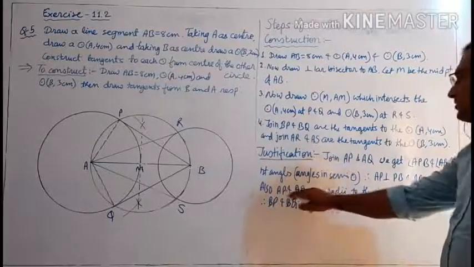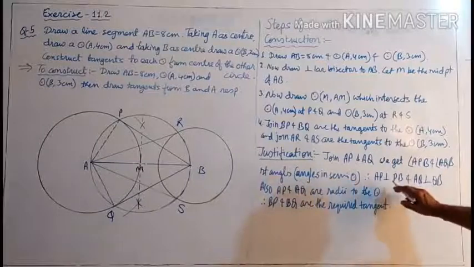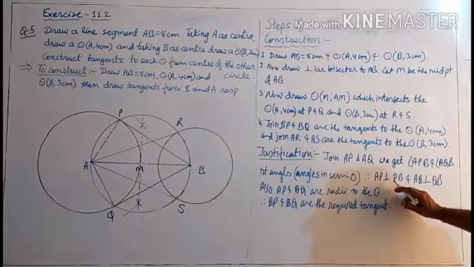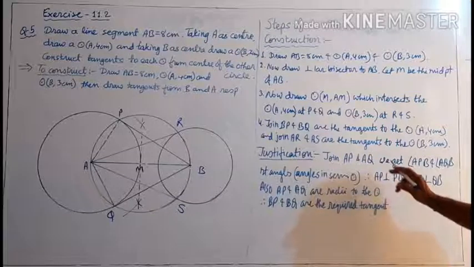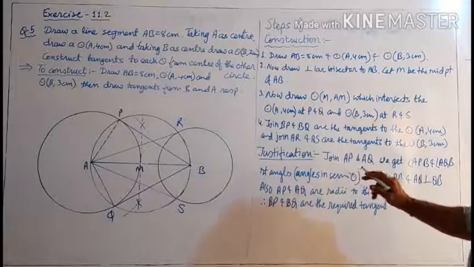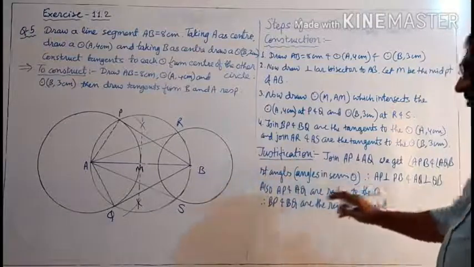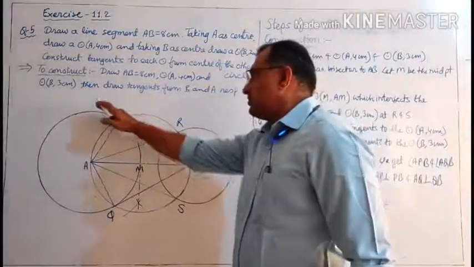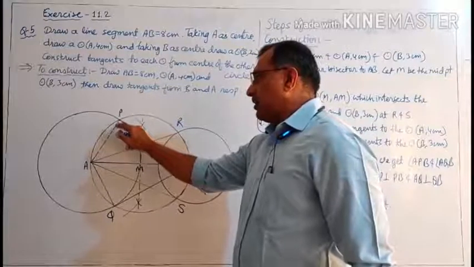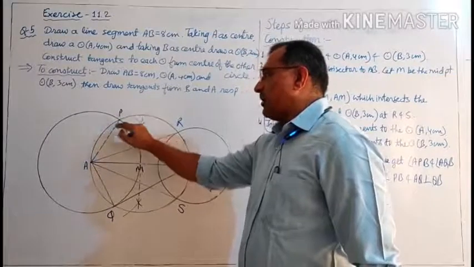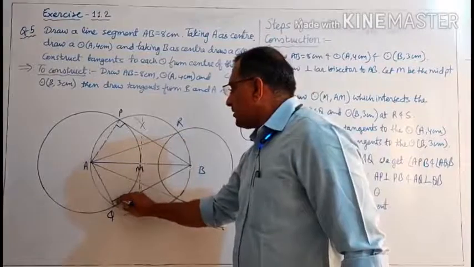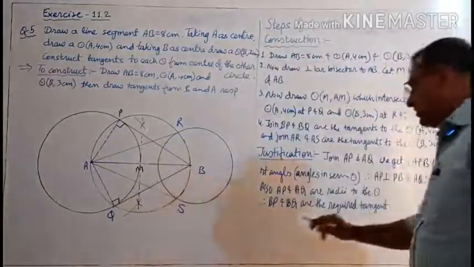When the radius forms a right angle with a line segment from point B which touches the circle at the point of contact P. So AP is perpendicular to PB. AP is a radius and PB is perpendicular to that, forming a right angle at P. Similarly here, and therefore they are tangents.